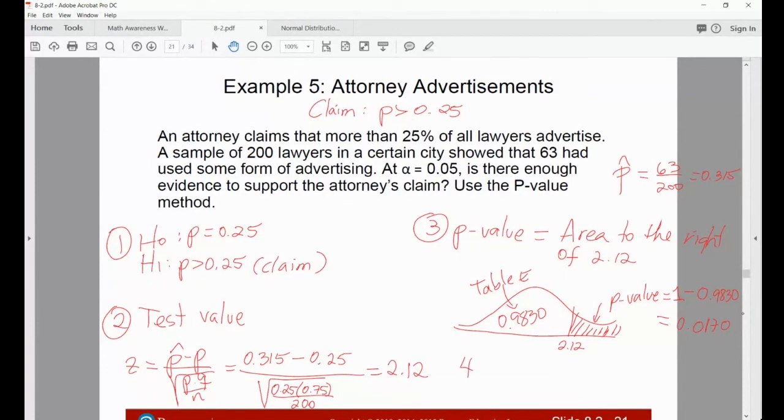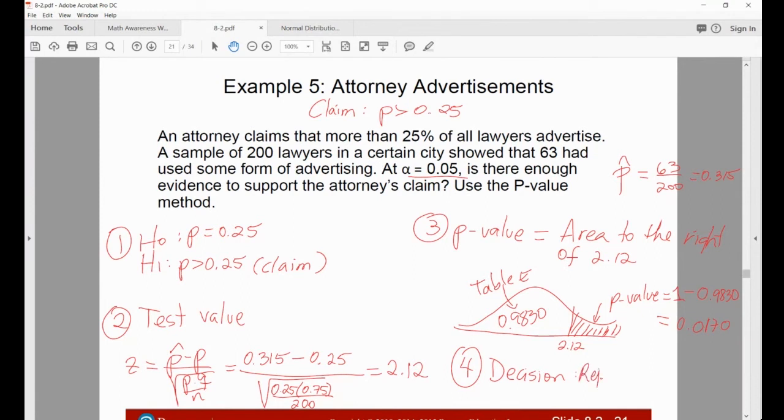And now to make the decision, we compare the p-value with alpha. So alpha is 0.05. So how is the p-value? Less than alpha or greater than alpha? It is less than. So what's the decision when the p-value is less than alpha?